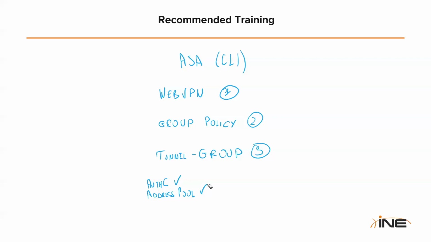There's going to be the public address that people use to build the tunnel, and the private or just VPN address that is going to represent the tunnel on the internal network side. I would also think about split tunneling, and I would also want to make sure that my HTTPS server is enabled on the ASA.